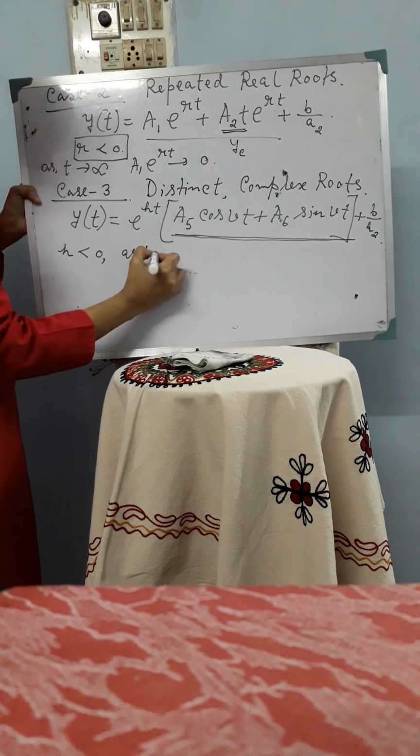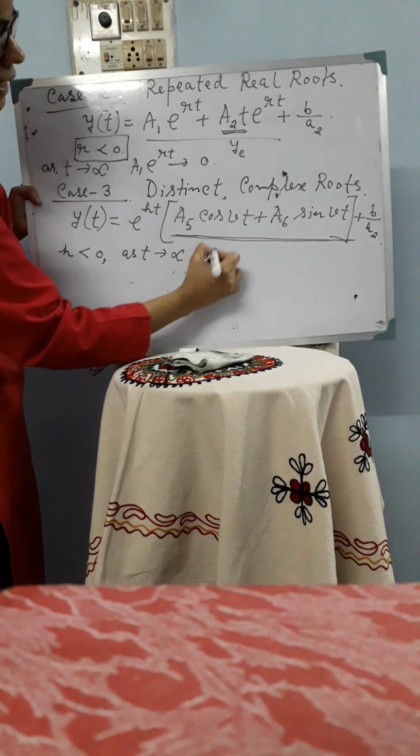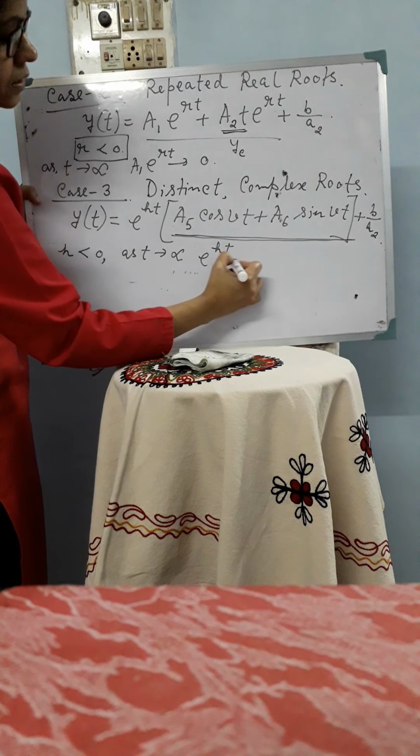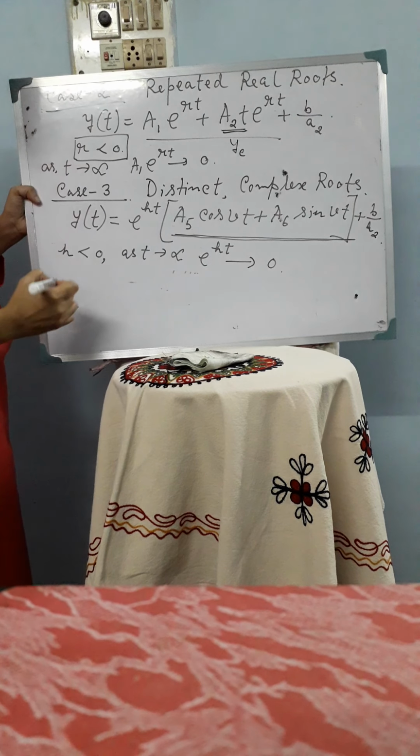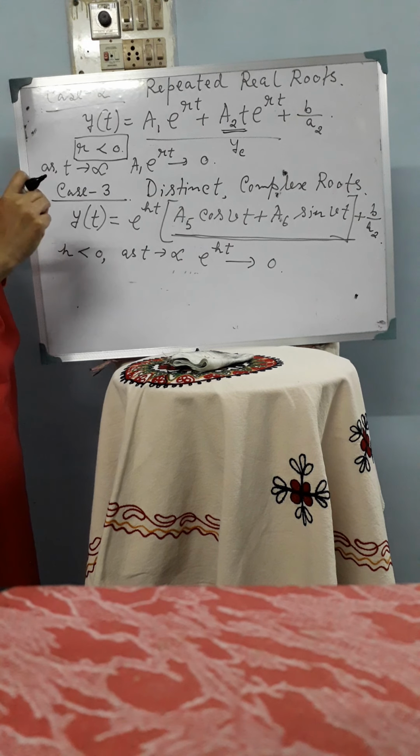Now when h is less than 0, as t tends to infinity, e to the power ht tends to 0. So here we will get convergent oscillation. So here the circular path will show the convergent oscillation or damped oscillation.